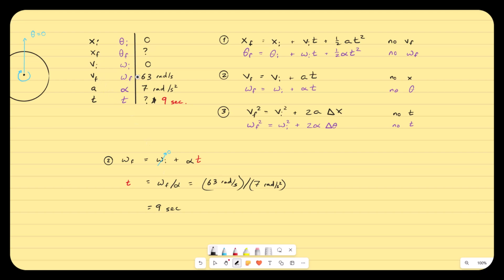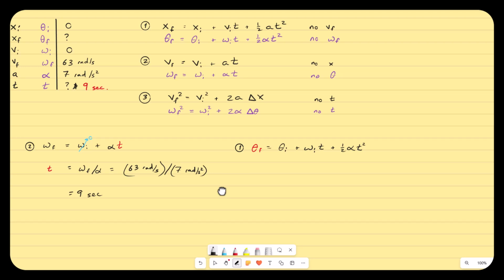I would also like to know the final position of this wheel. So now that I have the time, maybe I want to use equation 1. Equation 1 says final position equals initial position plus initial speed times time plus half times acceleration times time squared, all rotational quantities. I'm going to move this up just a little bit.